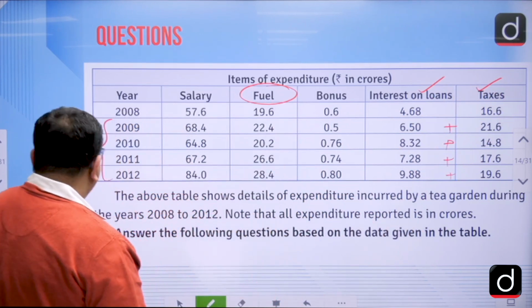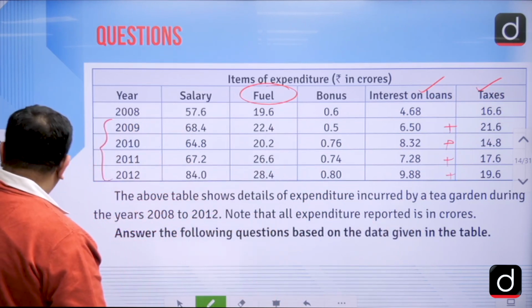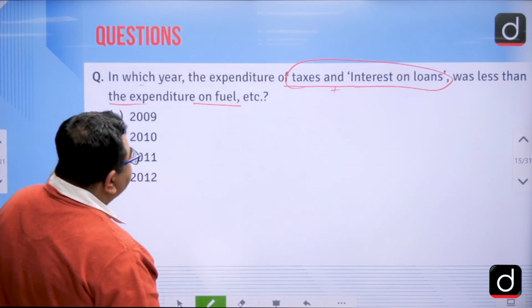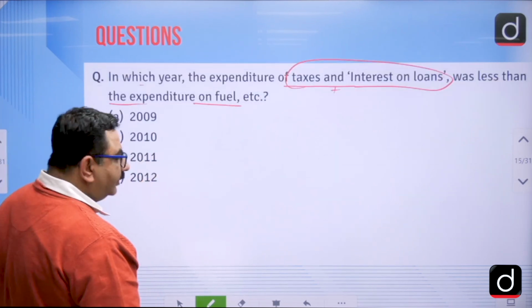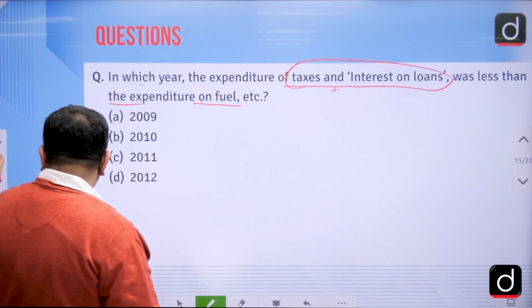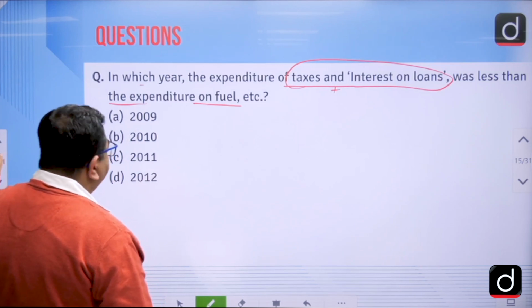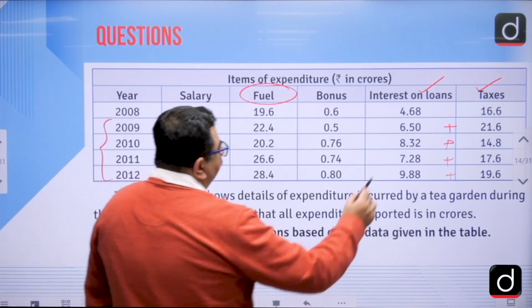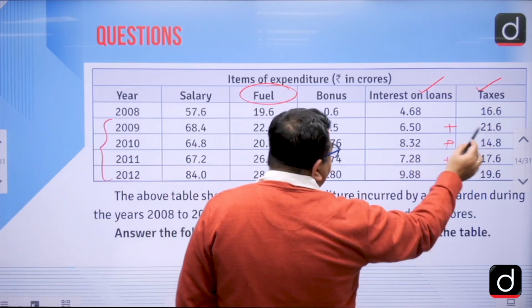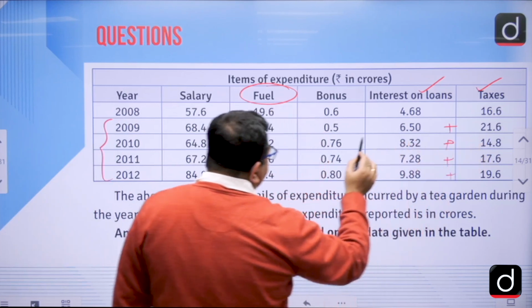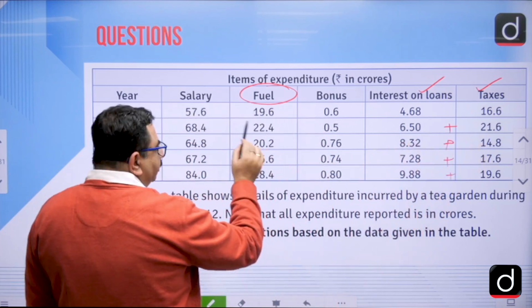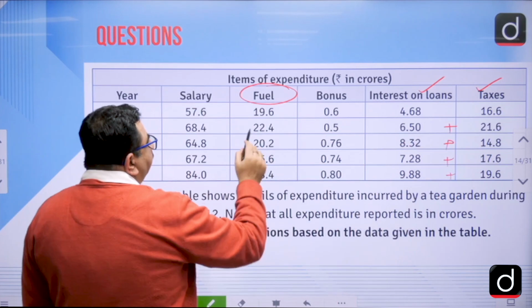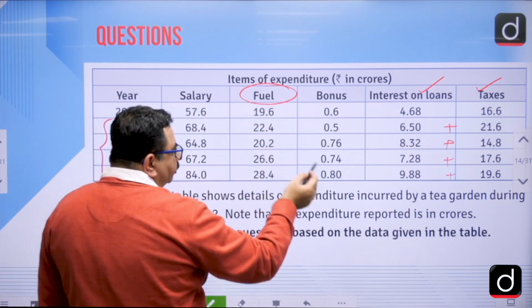So we have to check where taxes and interest on loan was less than, means fuel should be more, right? Means expenditure on fuel should be more, right? So here we can see this is 21.20, and 6, near about 27. This is 22.4. This is lesser, right? We have to find where expenditure on fuel is more.